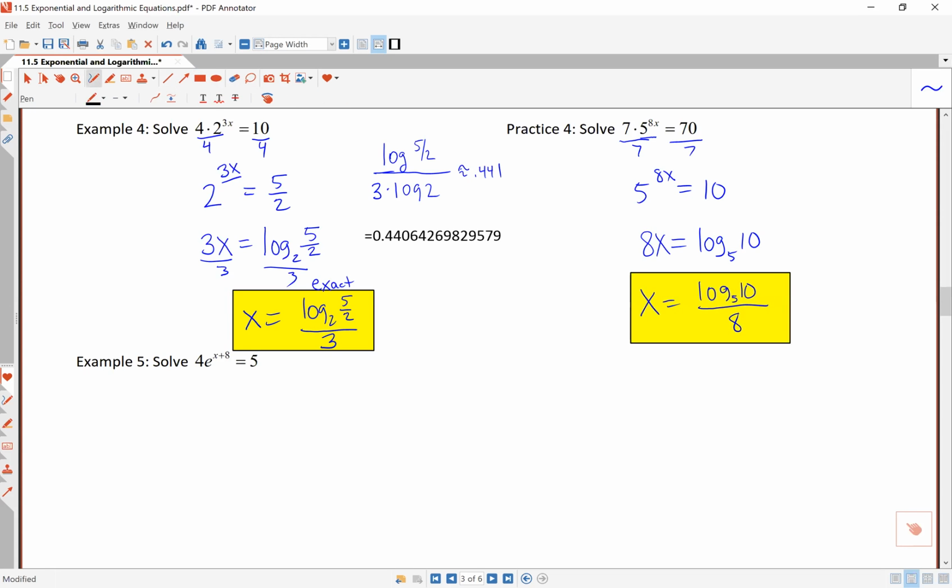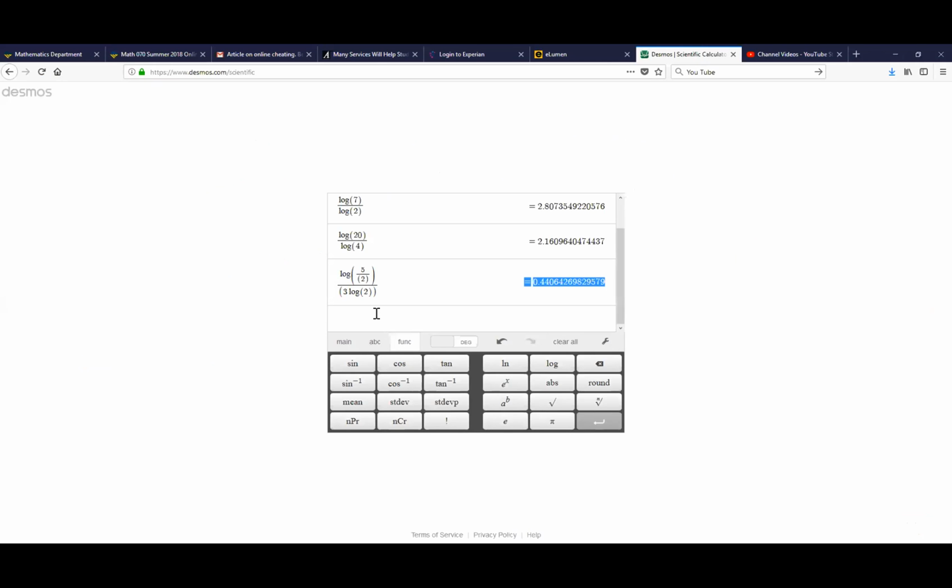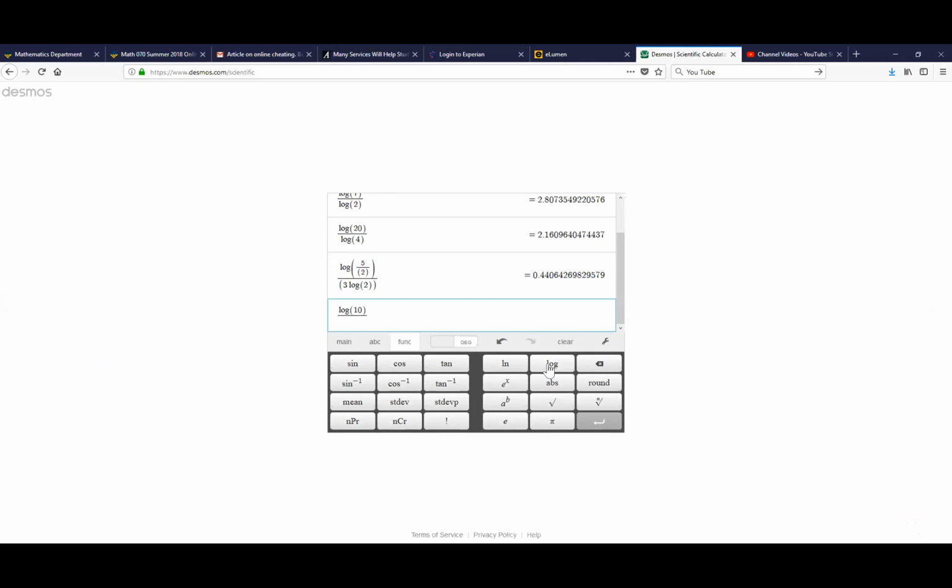And if we wanted to estimate this, log of 10 divided by 8 times log of 5.